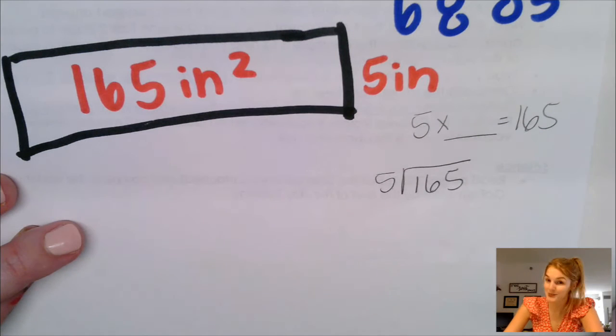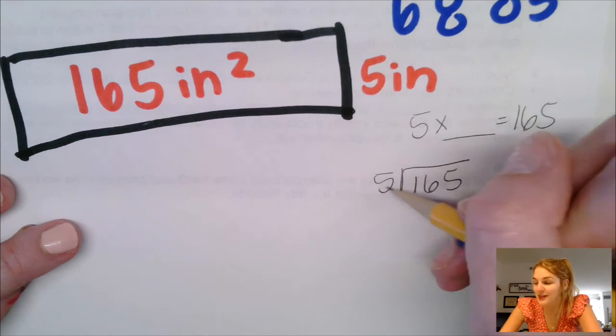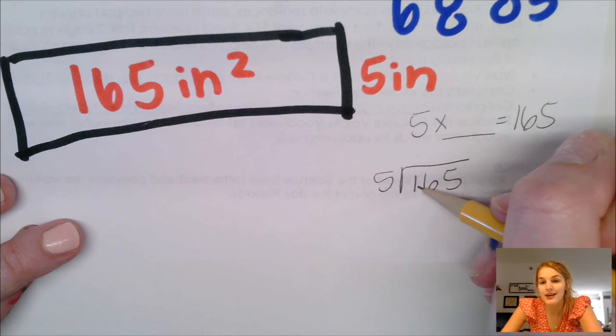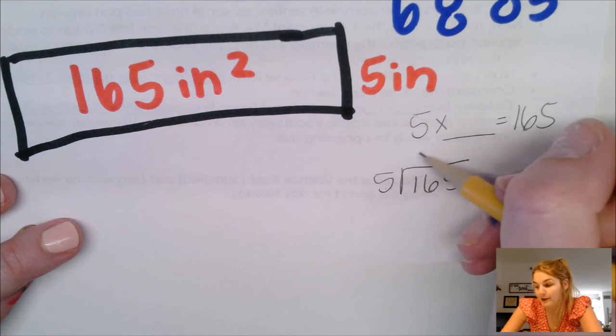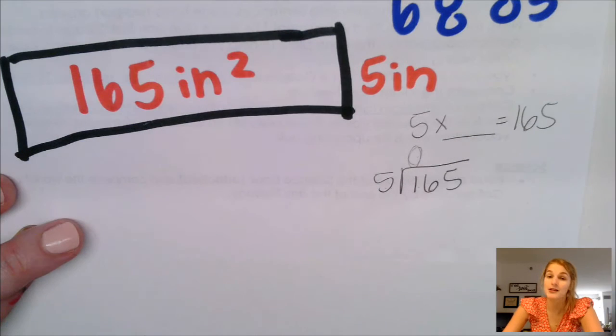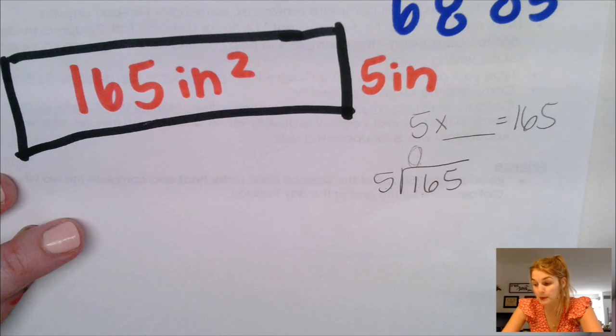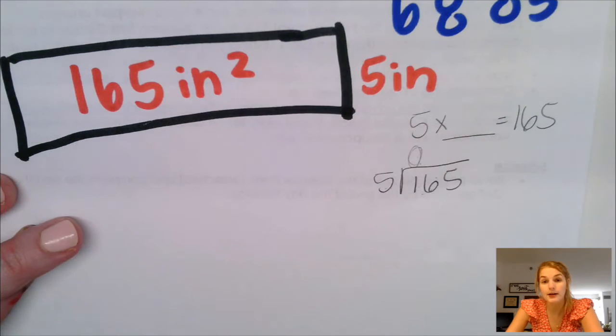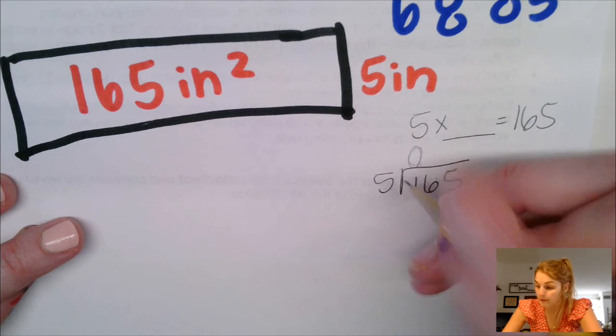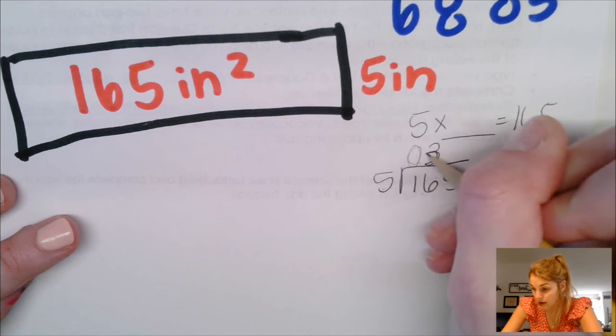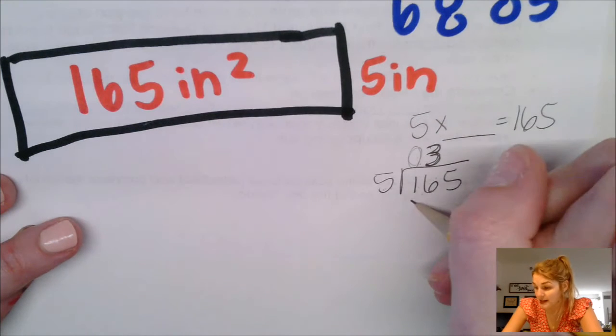Well, this is bringing back our skills of long division. 5 times what is close to 1 without going over? We could put a 0 there because 5 times nothing can be 1 without going over. So let's go to a 16 now. 5 times what is close to 16 without going over? 5 times 3 is 15.